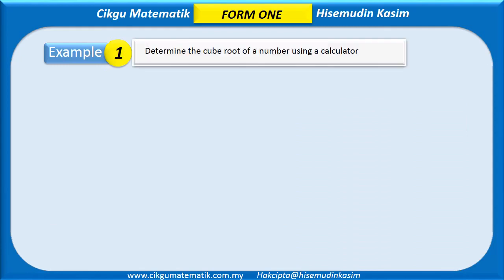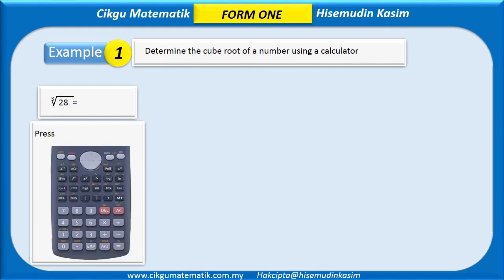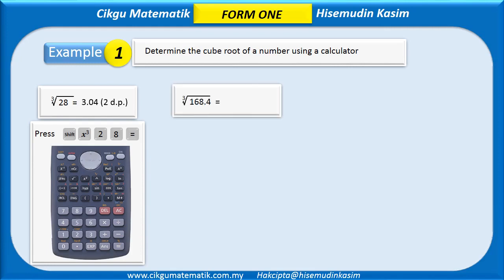Example 1. Determine the cube root of a number using a calculator. Cube root of 28. Press Shift, cube, 28, equal: 3.04 to 2 decimal places. Cube root of 168.4.